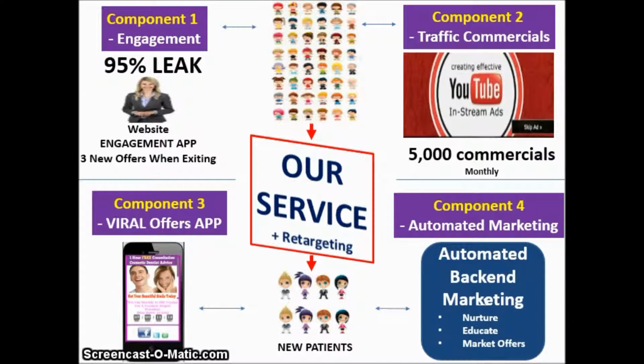And I haven't even talked yet, guys, about the whole concept of a referral system. And I've only briefly touched on retargeting, but retargeting is a massive technology that we're going to start using. And basically what it does is, once people come to your website or visit one of our videos or visit our viral app, we're going to have what's called a retargeting pixel.